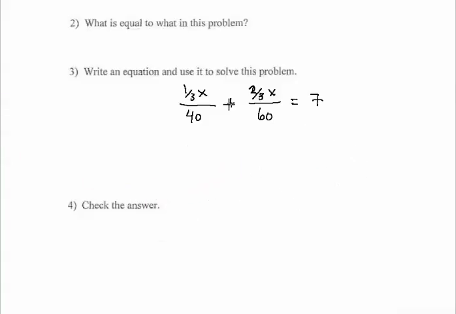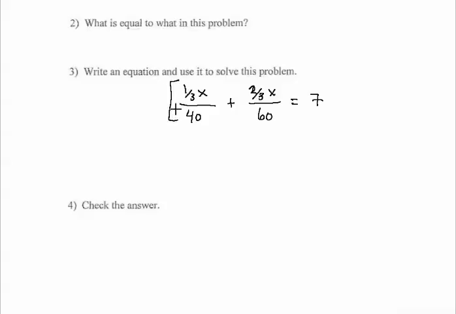Now, our goal is to find this x. It looks sort of weird because we have a fraction on top of the 40 and the 60. So what we're going to do is rearrange this. One thing we could do is remember what we learned from chapter 11.